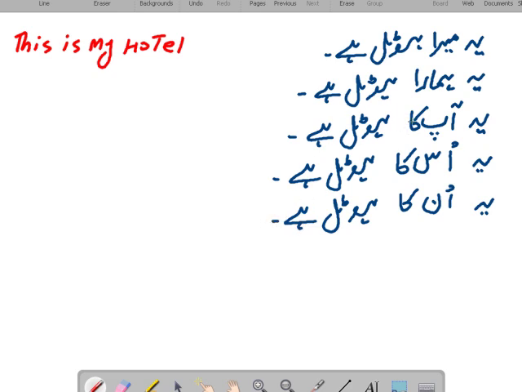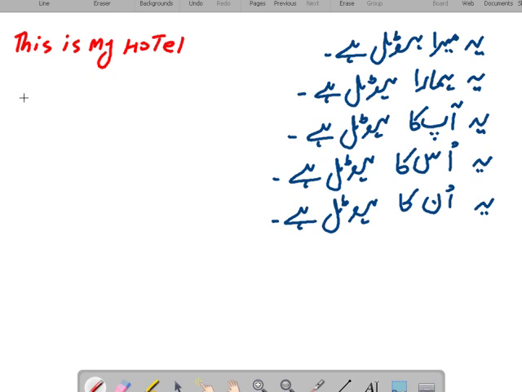Here, hotel is masculine. So we are using मेरा, हमारा, आपका, उसका and उनका. But if we have some object which is feminine, like car or गाड़ी, so we'll use ये मेरी गाड़ी है. This is my car. ये मेरी गाड़ी है.